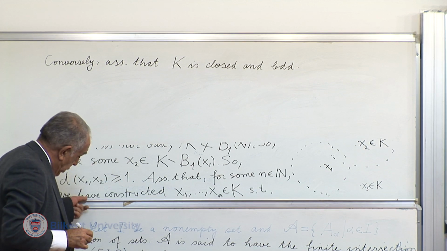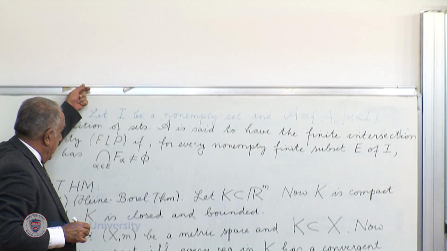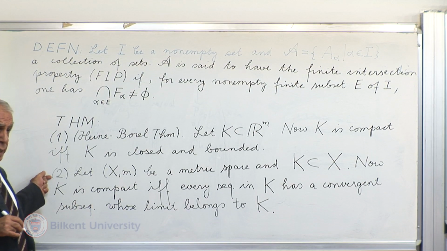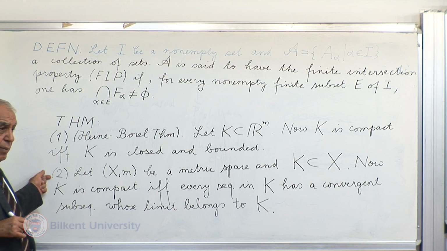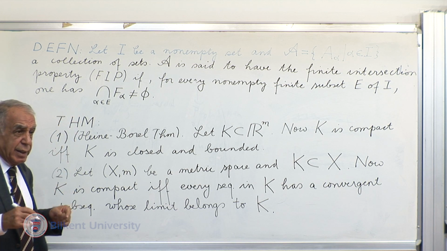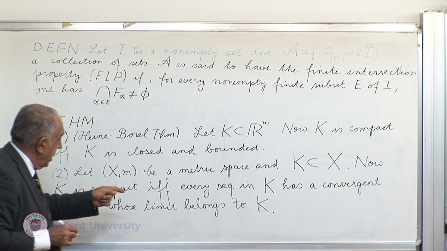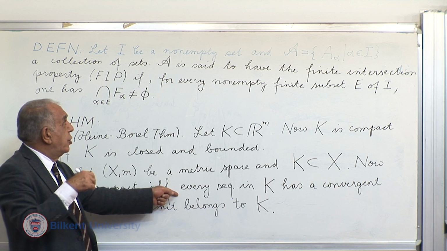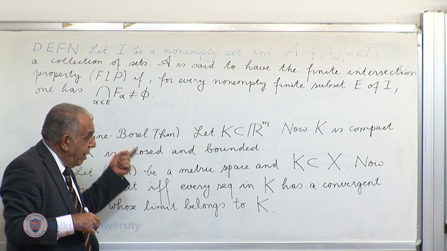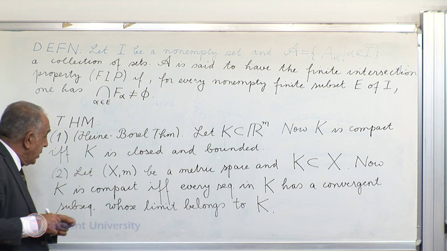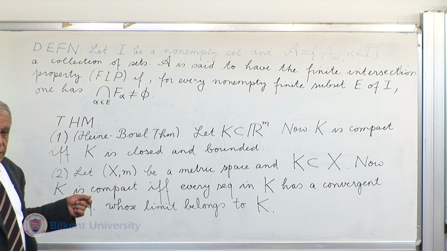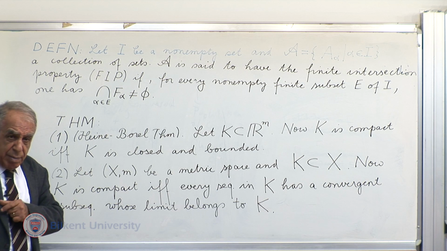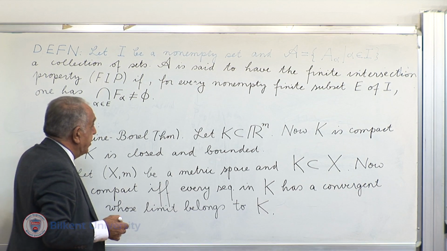We will now show that K is compact, but we can again use 2 in doing that. Well, instead of using directly the definition of compactness, we can use this characterization. If we now show that every sequence in K has a convergent subsequence whose limit belongs to K, then that will imply that K is compact.